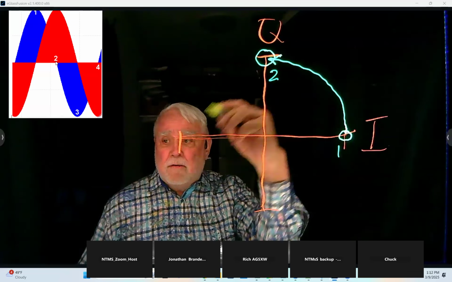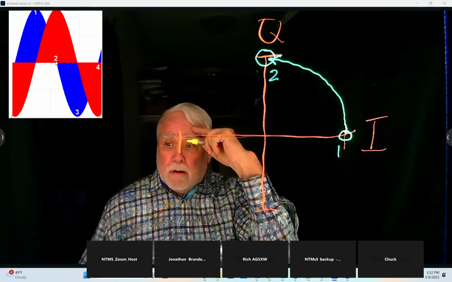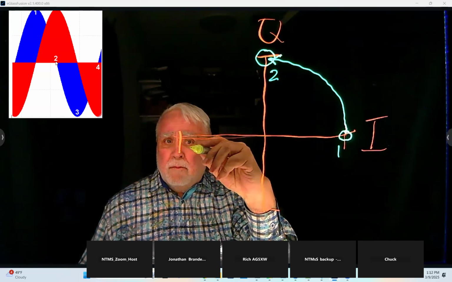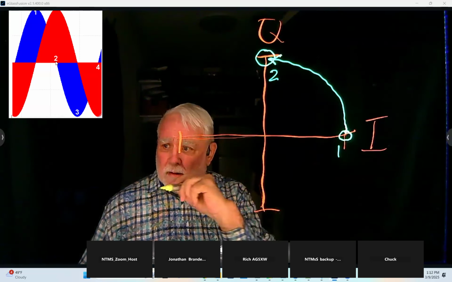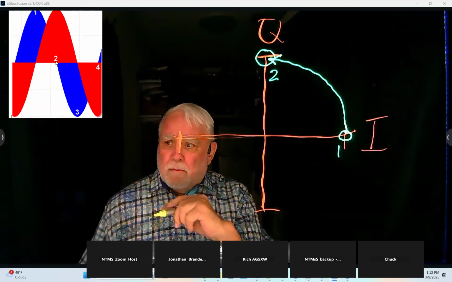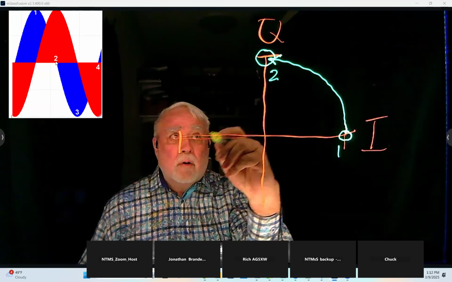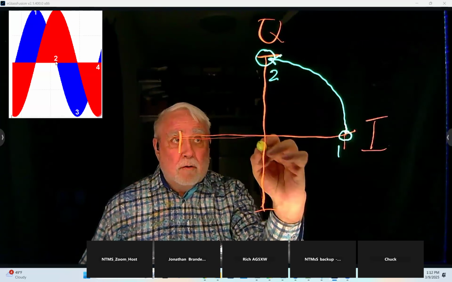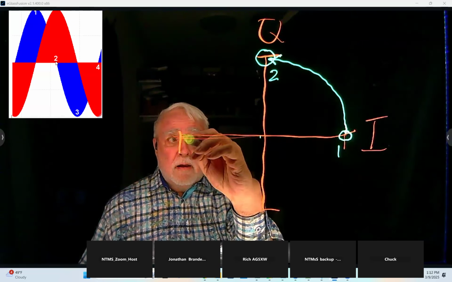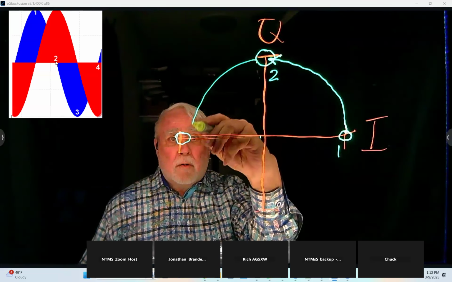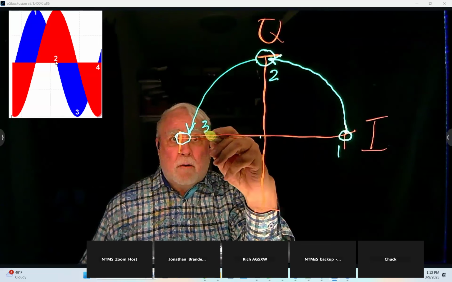Now, I'll continue with this, and then we'll come back and put the complex numbers in. But 3 would be a -1 on the real. I'm sorry, do I have that right? 3 would be -1 on the real axis and a 0 on the Q. So Q has come down to 0, and now real is at this point. And so we're going to come around here, and that's number 3 point.